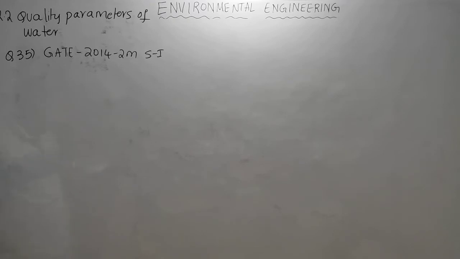So what is the data given? For a sample of water with the ionic composition shown in the figure below, the carbonate and non-carbonate hardness concentrations in mg per liter respectively are. So there was a figure given. Let us see the figure.